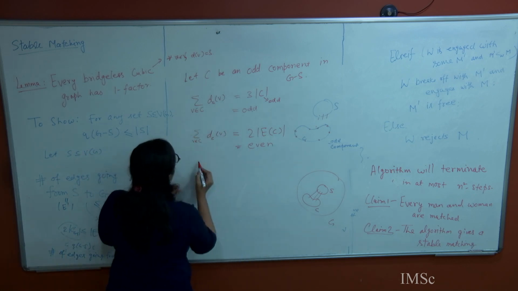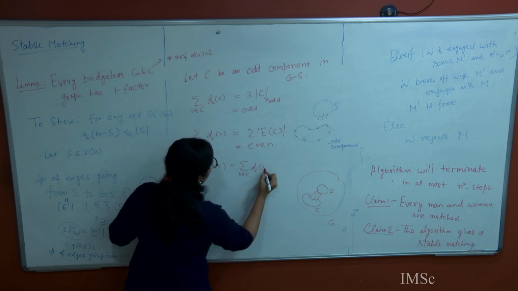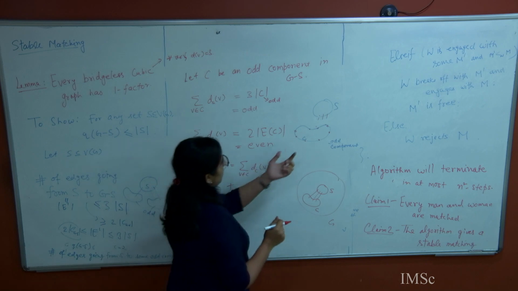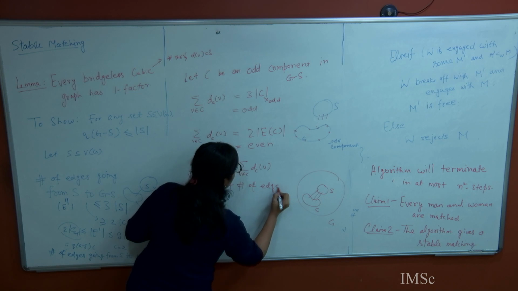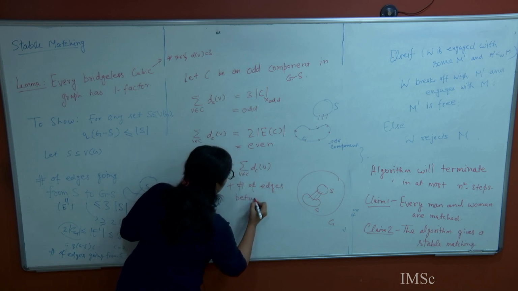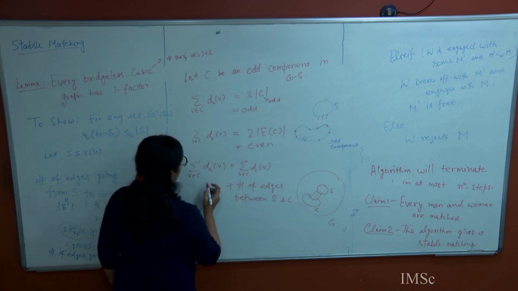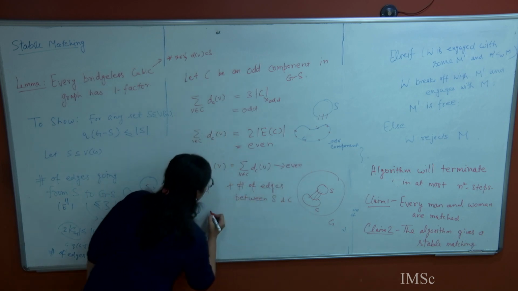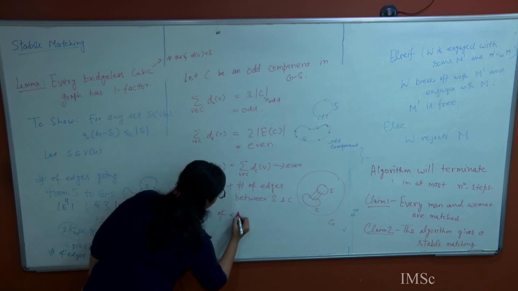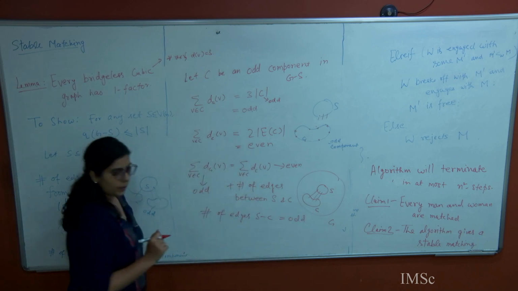So for V belonging to C, the degree sum is equal to the degree sum inside C plus the other degrees, which is the number of edges between S and C, right. Now, the first is even and the sum is odd, so the number of edges from S to C is odd, right.